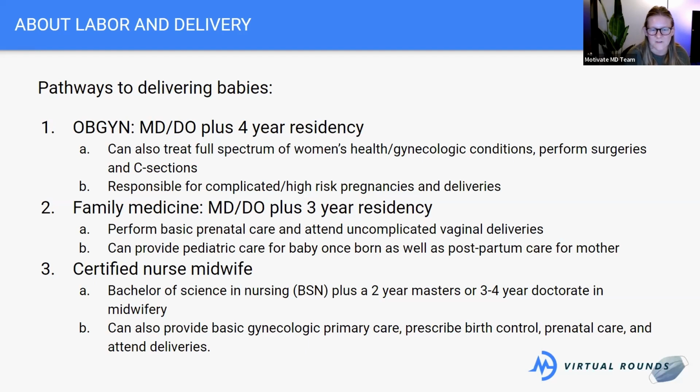If you get a bachelor's of science in nursing, plus either a 2-year master's or a 3 to 4-year doctorate in midwifery, then you can also be the main provider who can attend and perform vaginal deliveries. You can also provide basic gynecologic primary care and prescribe things like birth control. You can't do C-sections, and you would only be caring for women's health type issues. So that's the differences between these different pathways.